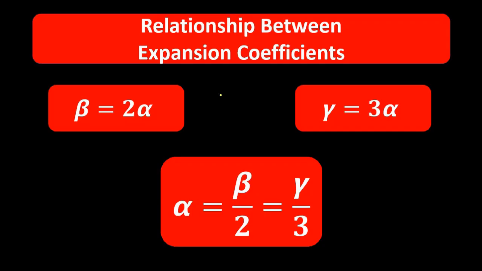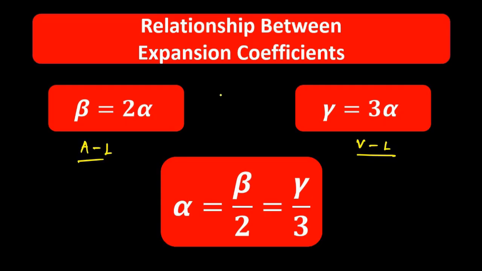First, the relationship between the surface expansion coefficient and the linear expansion coefficient, area and length: beta is equal to 2 alpha, twice the linear expansion coefficient. Similarly, the relationship between volume expansion and linear expansion is gamma is equal to 3 alpha.